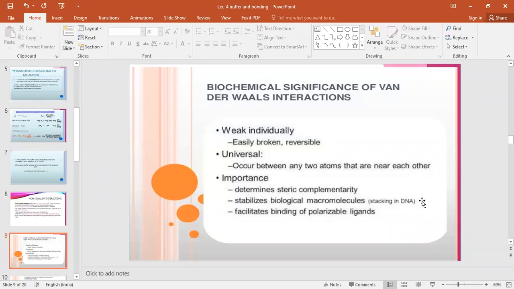It facilitates the binding of polarizable ligands. For example, if there is a ligand which is polarizable, that polarizable ligand can bind to those interactions, or it helps to increase these types of interactions.